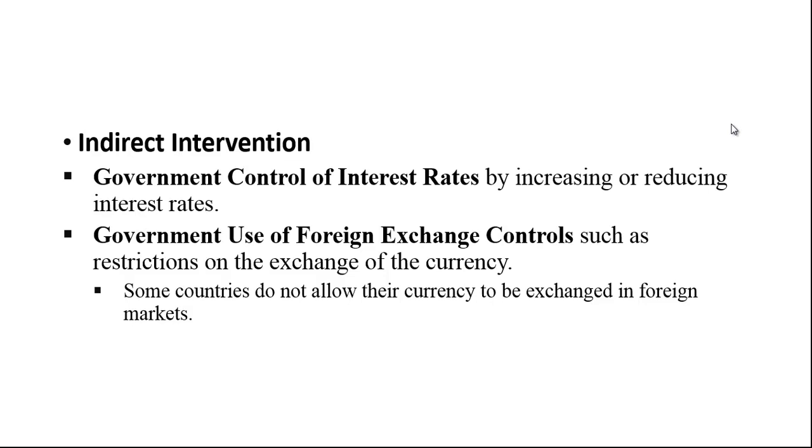The argument is that if a country has higher interest rates, people in other countries will want to invest in the country with the higher interest rate. They will need, for example, dollars. That will push up the demand for dollars and cause the dollar to strengthen. Lowering interest rates will mean that people will wish to invest in other countries and will reduce the value of that currency.